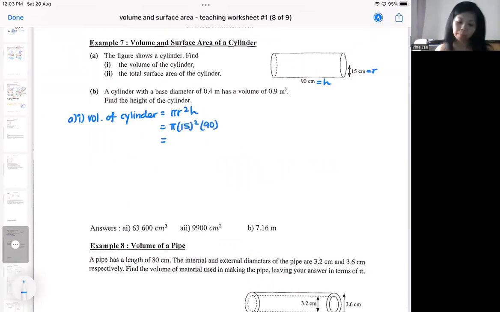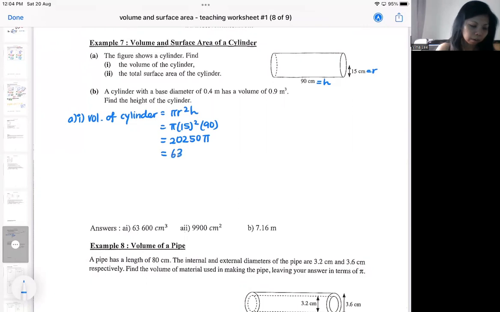My habit is I will press it in terms of pi before I punch the pi. Pi can be 3.142, or calculator pi, unless otherwise stated. My habit is I will use the calculator pi.